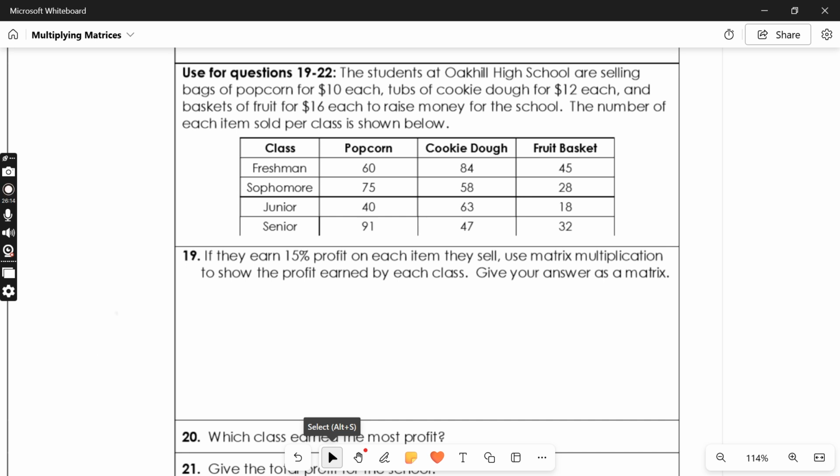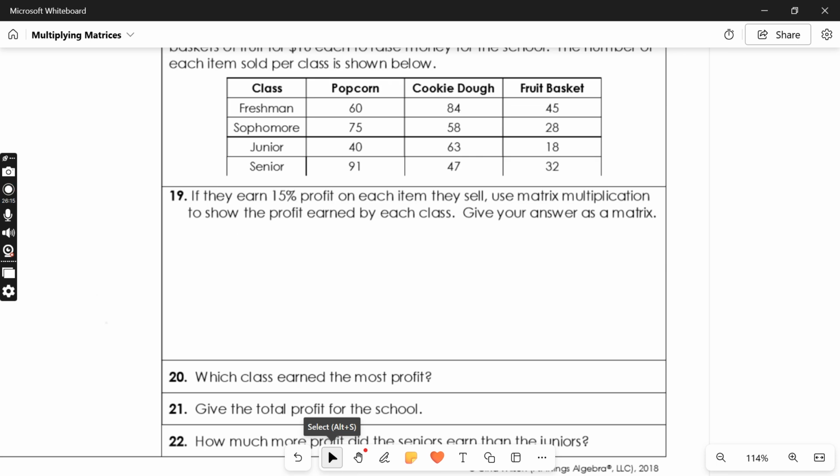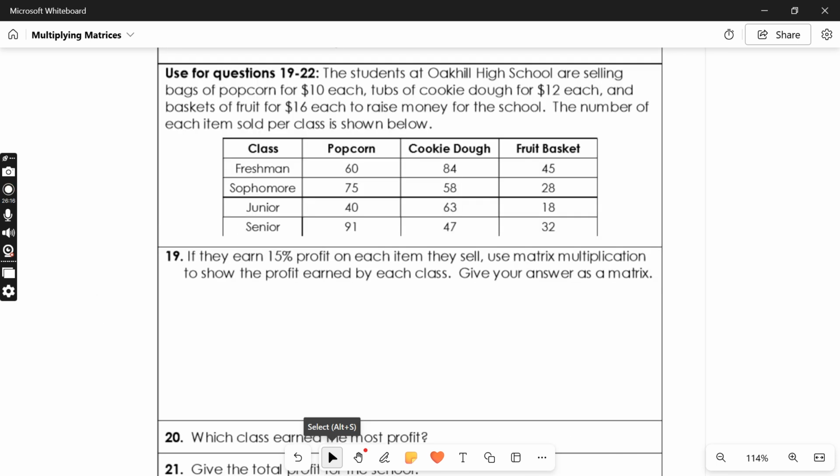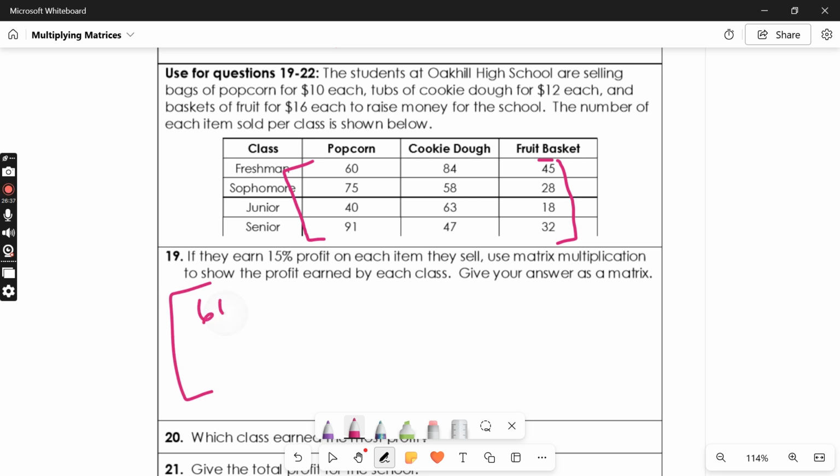If they earn 15% profit on each item they sell, use matrix multiplication to show the profit earned for each class. Give your answer as a matrix. Okay, so this is our first matrix, this one right here. It's already done for us, nice, neat, and pretty. So if you want to copy that one down here.